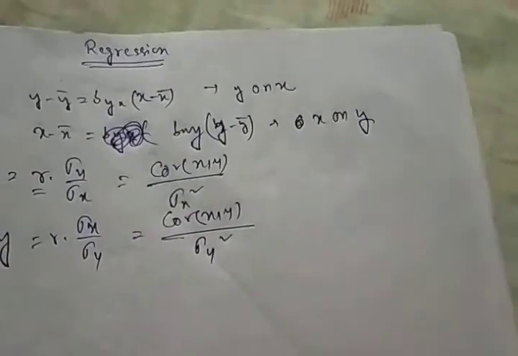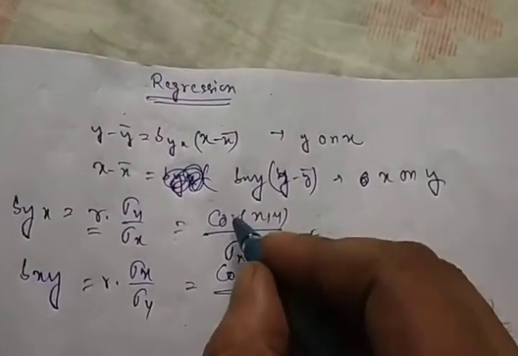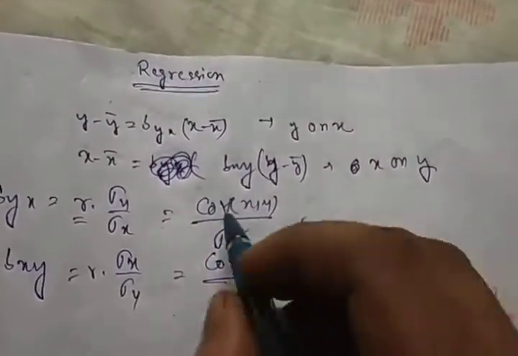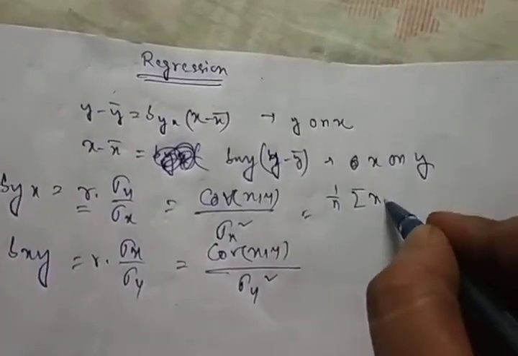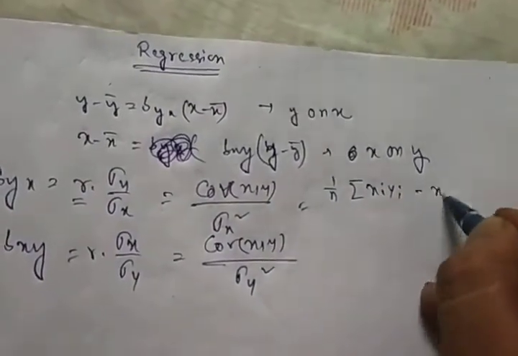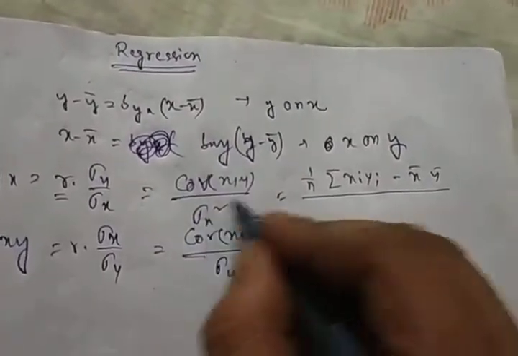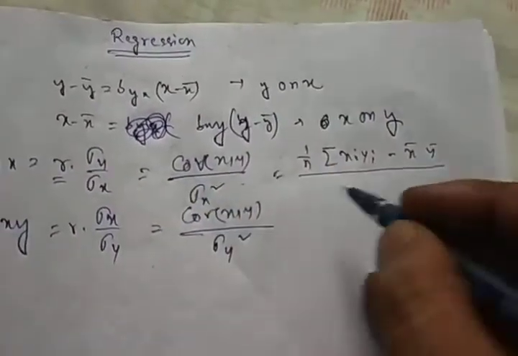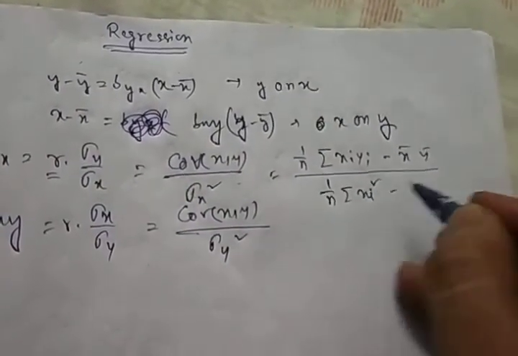Now, if we use the calculation formula from the data, we will get covariance of xy equals 1 by n summation xi yi minus x bar y bar, and sigma x square, that means there will be no root, is 1 by n summation xi square minus x bar whole square, right?